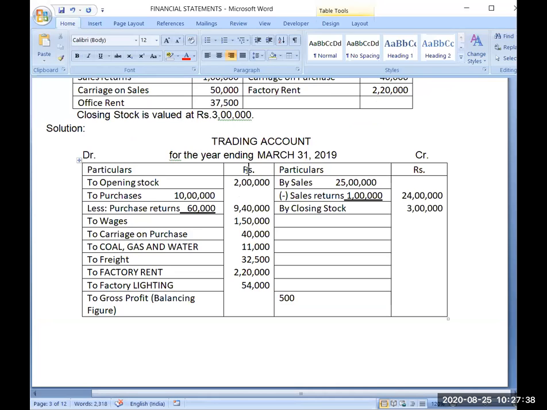If you are getting the method, please confirm in the chat box. Because many are not participating. Later on they will say, sir, we did not get how you calculated the gross profit. Now 1 is carried on. So 1 plus 1, 2 plus 2, 4 plus 4, 8.